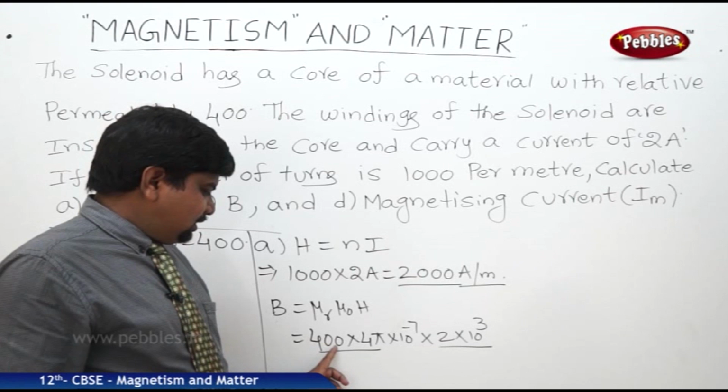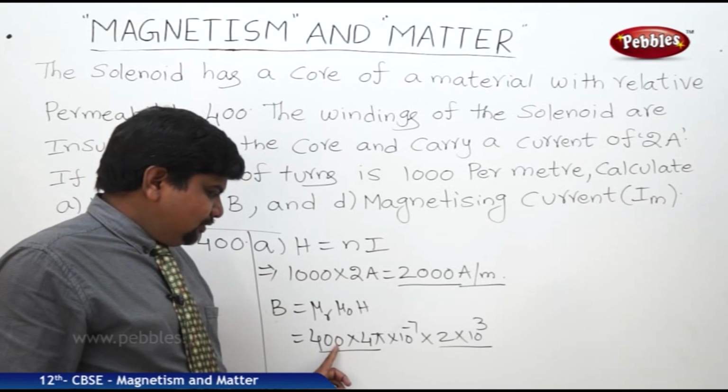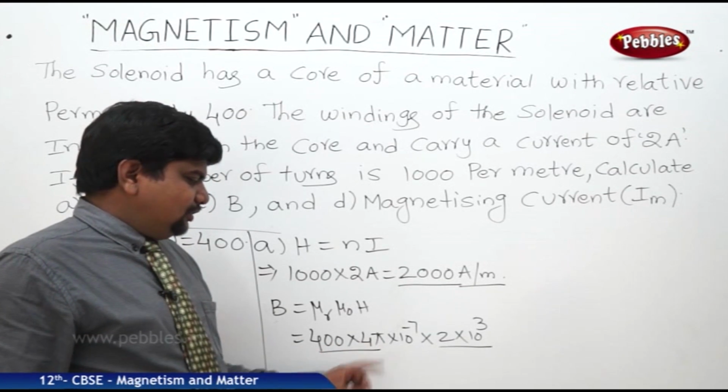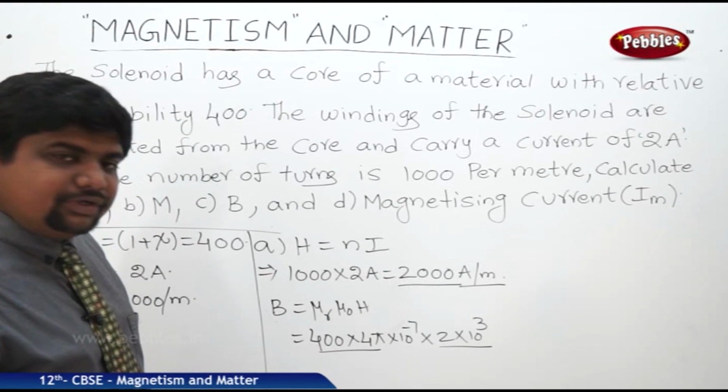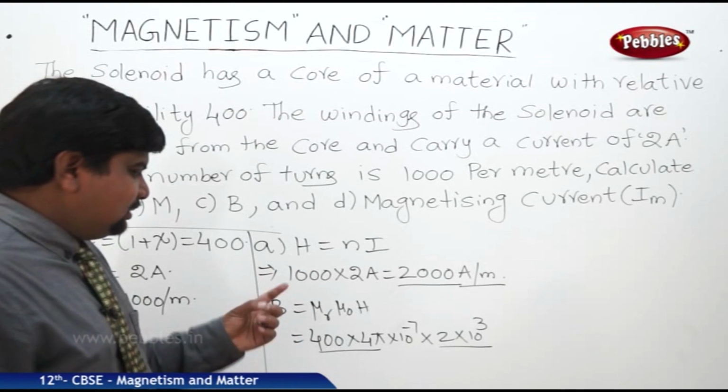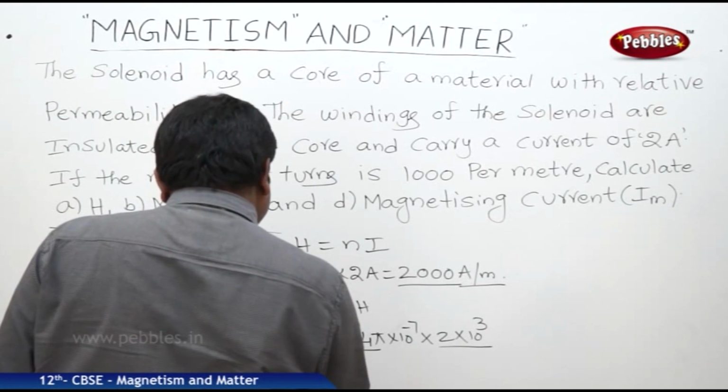So 8 into 4 pi, 32 pi into 10 to the power of minus 7, and 32 into 3 is approximately 100, so you will get 1 Tesla.